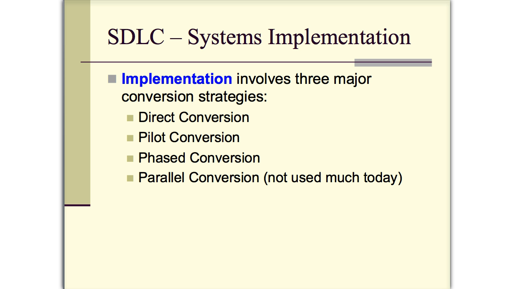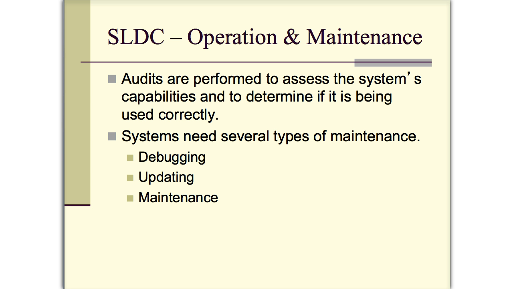Okay. Parallel conversion is where you're actually running the old and the new system at the same time. It's going to be one of the safer ones, but it's not used very often in practice anymore.